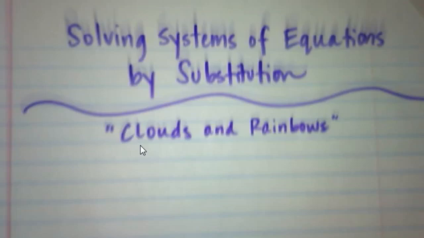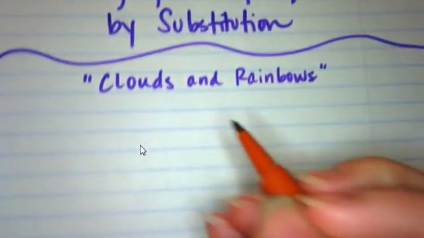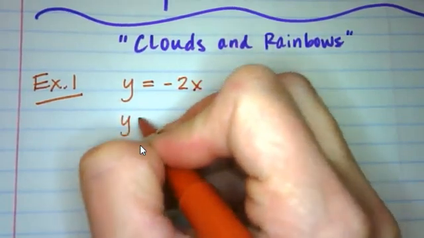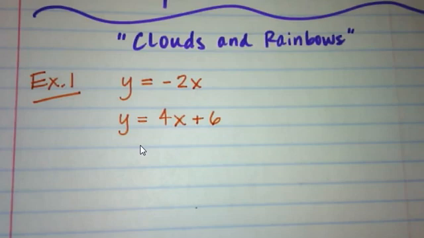For our first example, let's start with y equals negative 2x and y equals 4x plus 6.